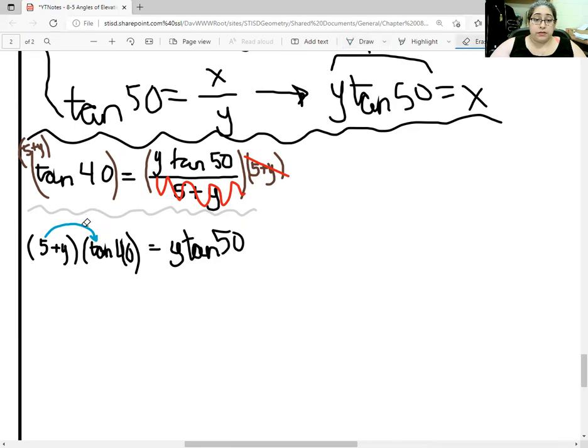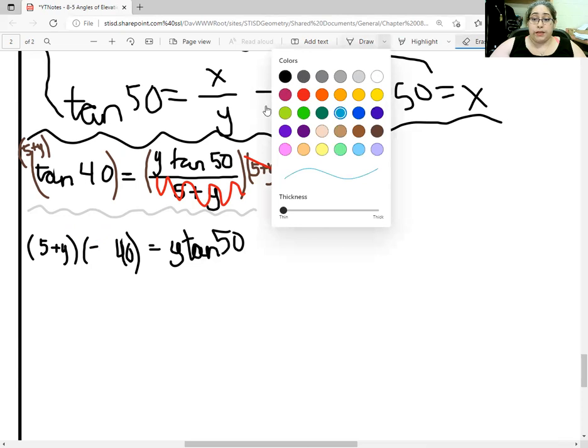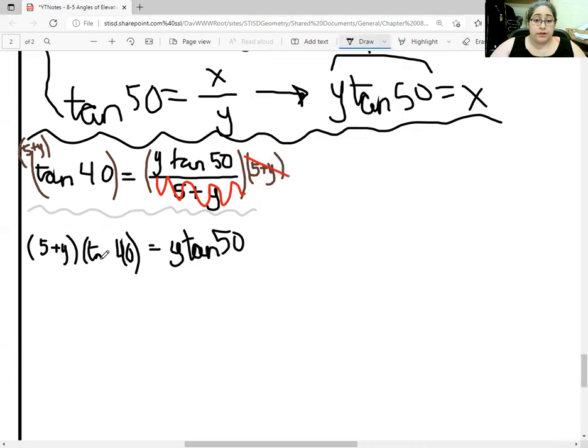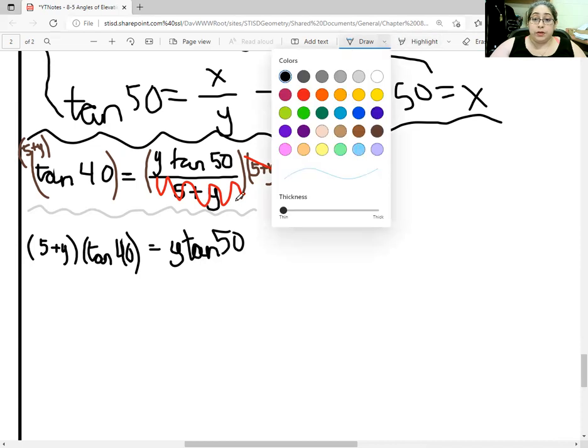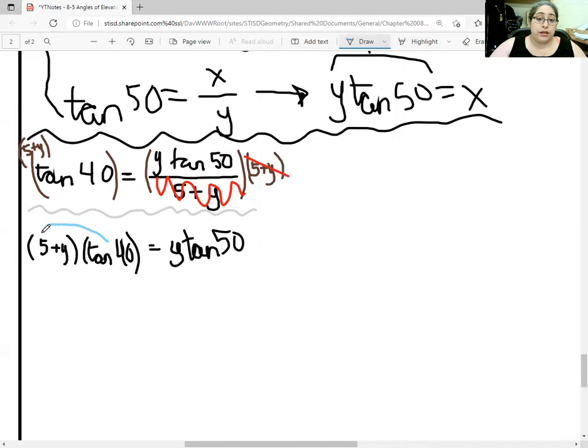All right, I still don't have y's all together, but I see that I can distribute. Let me erase. It erases weird things that I don't want erased. Okay, there we go. I'm going to distribute this tangent of 40 to both the 5 and the y. And so that's going to give me 5 times the tangent of 40 plus y times the tangent of 40.